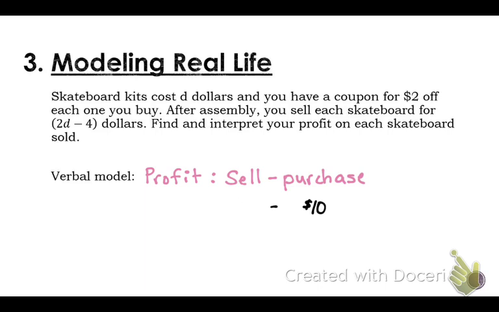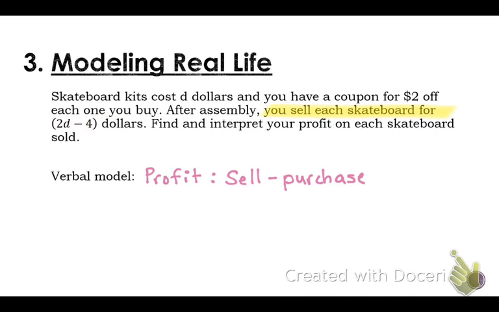So what this is asking us, it doesn't tell us actually how much we purchased it for, so we're going to kind of use D to help us try to figure this out. How much does it tell us in my original problem that we sold the skateboards for? D dollars. Not D dollars. How much does it tell me? It says you sell each skateboard for 2D minus $4.